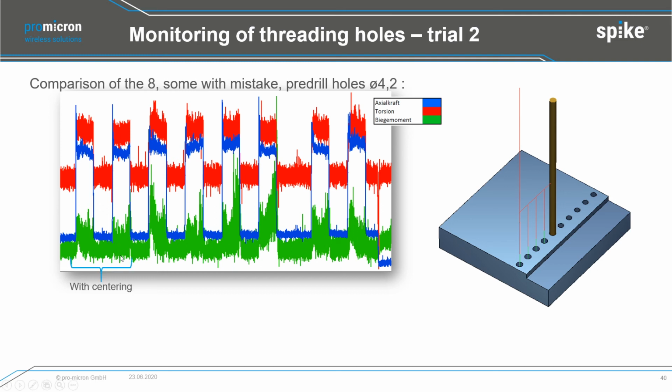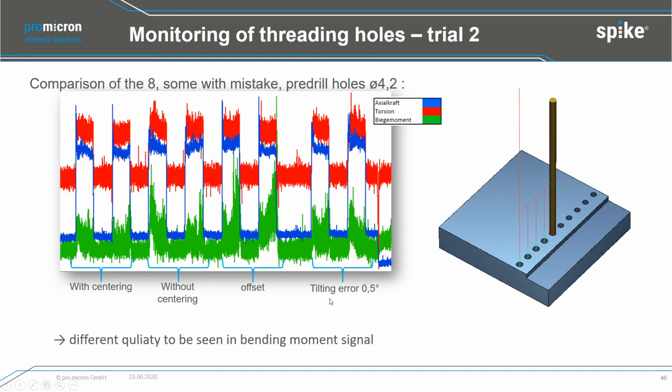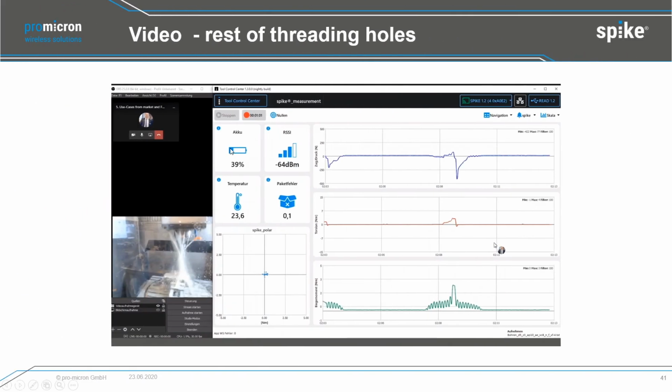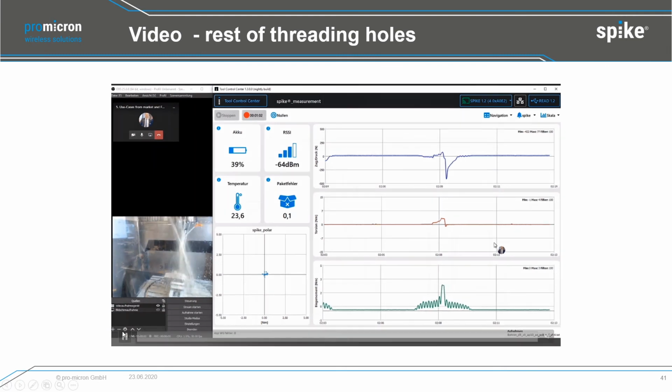First we had with centering, then without centering, then with a big offset, and then with a tilting error. The different quality can be seen in the bending moment signal, not in the torsion or even the feed force. Let's see how the threading operation looks like with these drilling mistakes.